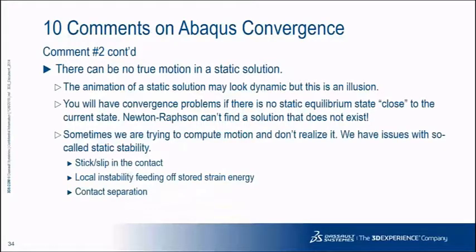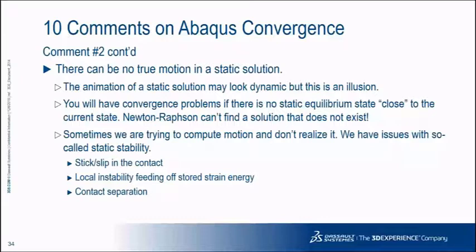The animation of a static solution may look dynamic, but that's just an illusion. You're just linking static equilibrium states together in a flip book kind of animation, so there's no true motion there. If you want to get true motion, you have to do dynamic equilibrium. Sometimes we may try to compute motion and we don't even realize it.